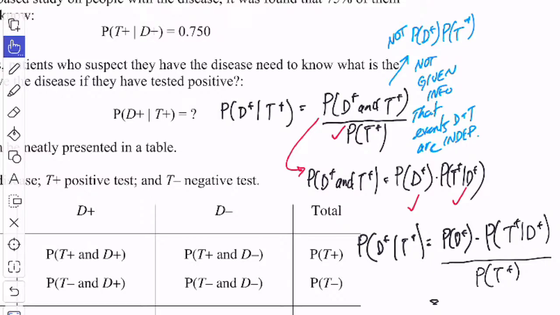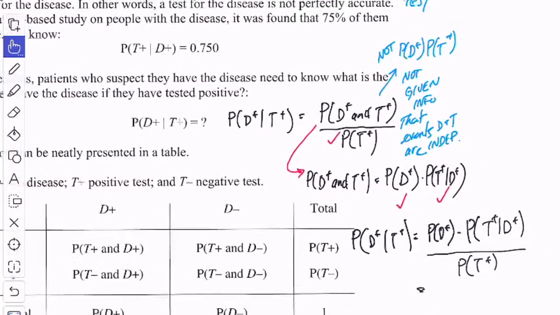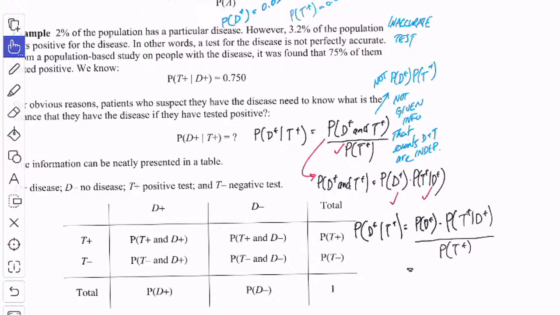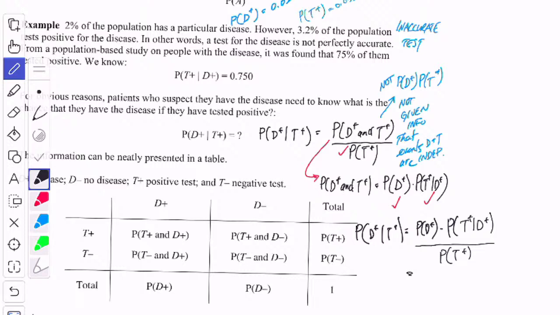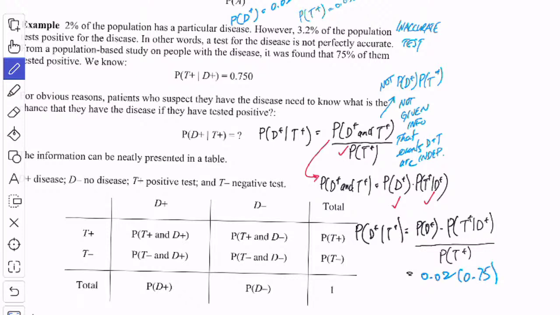The disease was, right, 2%. The positive test given the disease is 0.75, and this is crooked.